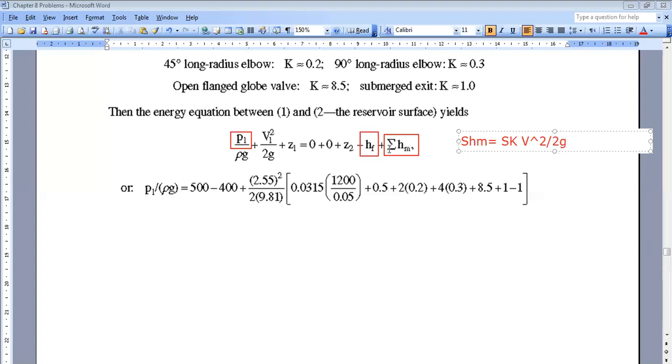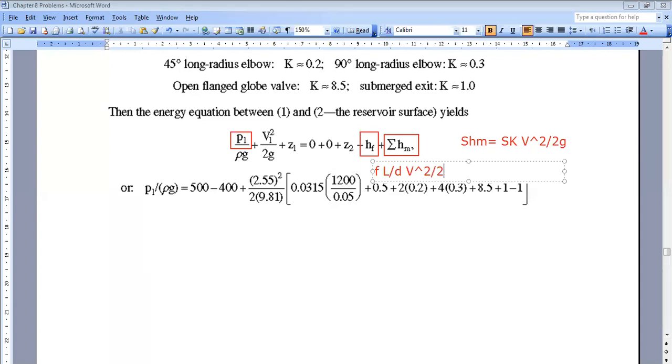Okay, so also hf is computed as f times L over D, where f is the friction factor we found from the Moody chart, L is the total length of the duct, which is given, and D is the corresponding diameter of the pipe. Okay, so also we multiply by V average, which is here equal to V1, V squared over 2g.